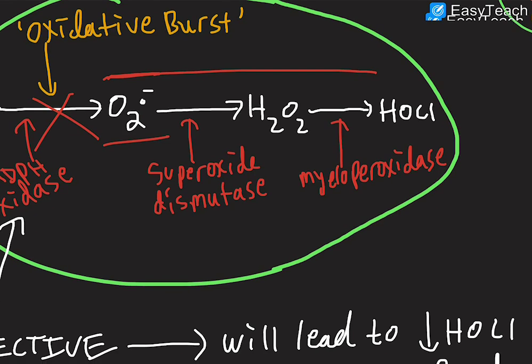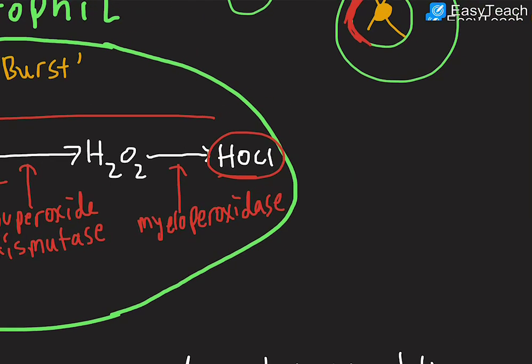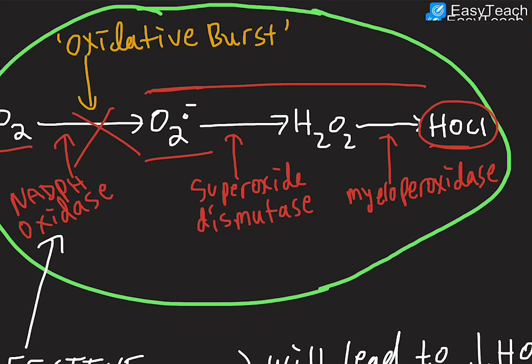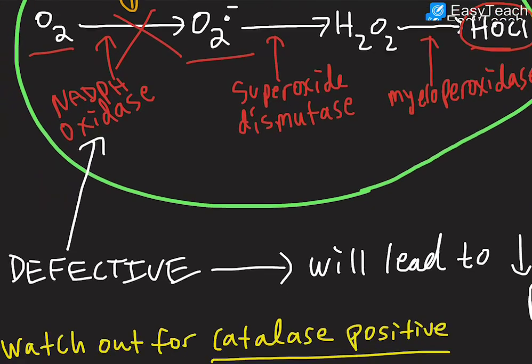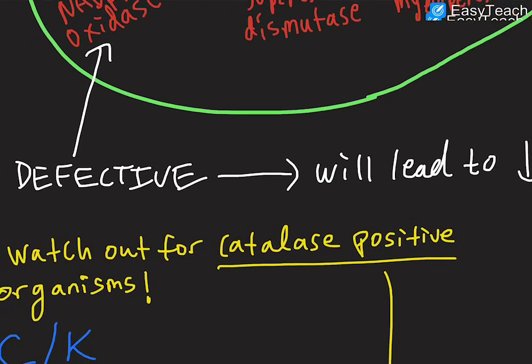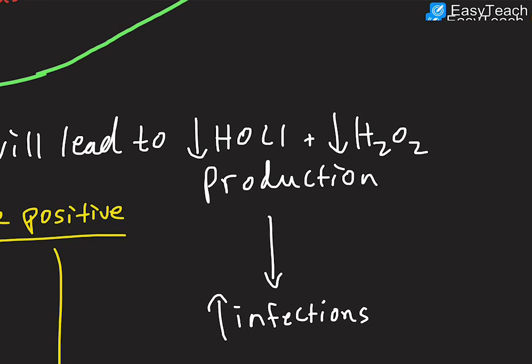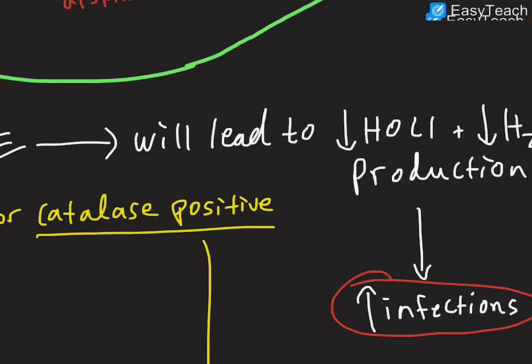Which means you can't form bleach, which is the main reactive oxygen species that we use to destroy the pathogen that the neutrophil phagocytosed. So that's defective in chronic granulomatous disease. And of course, if you can't do that, you can't destroy pathogens properly, which means you're going to have increased infections.